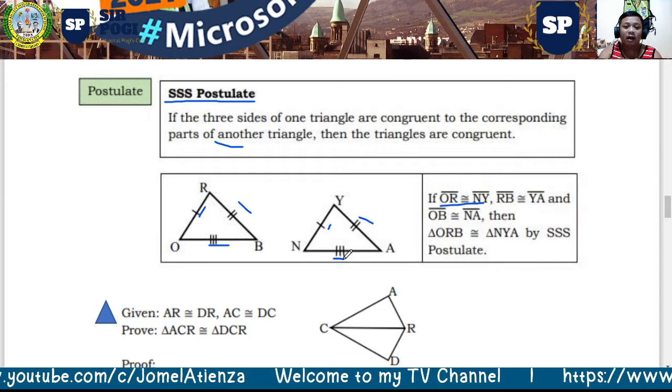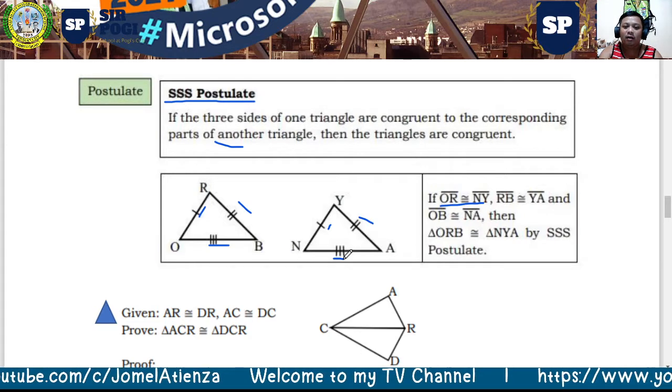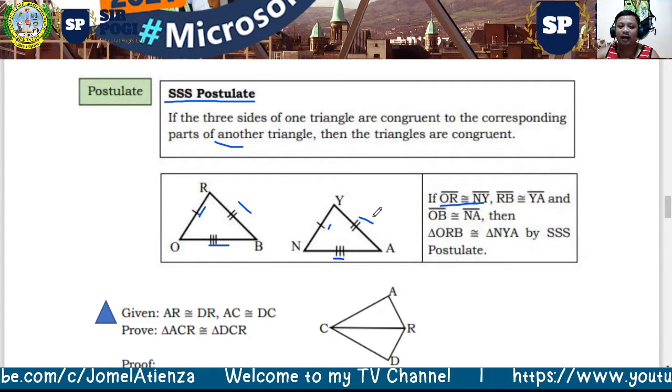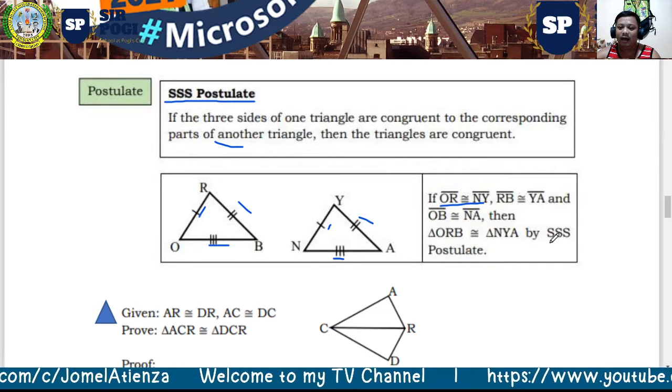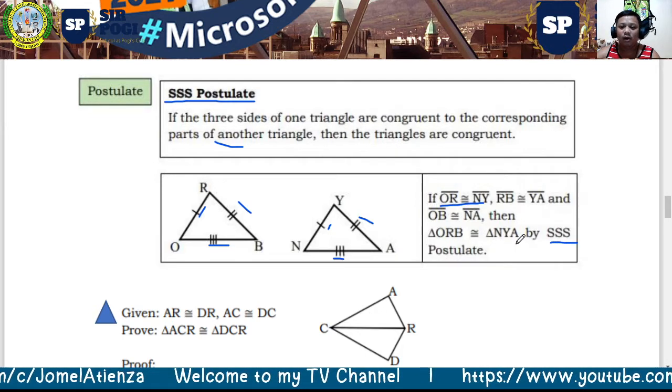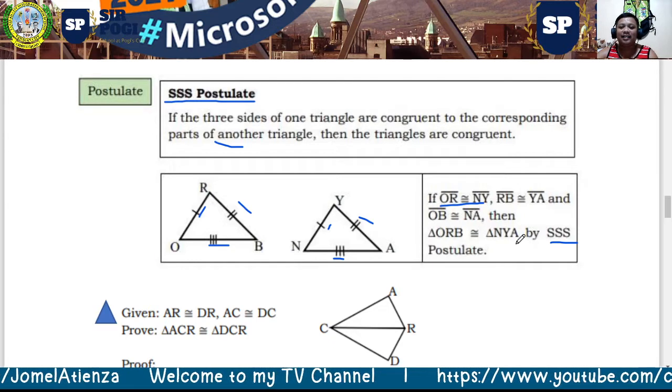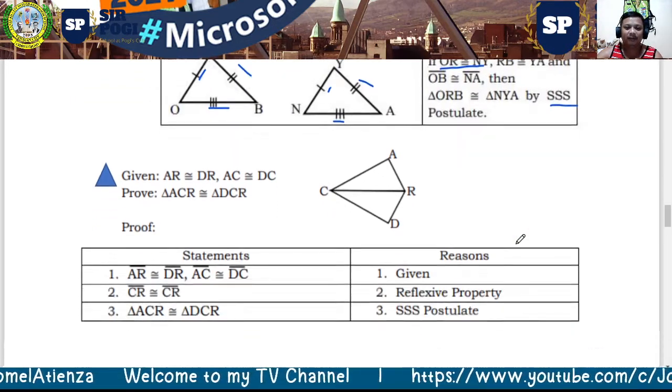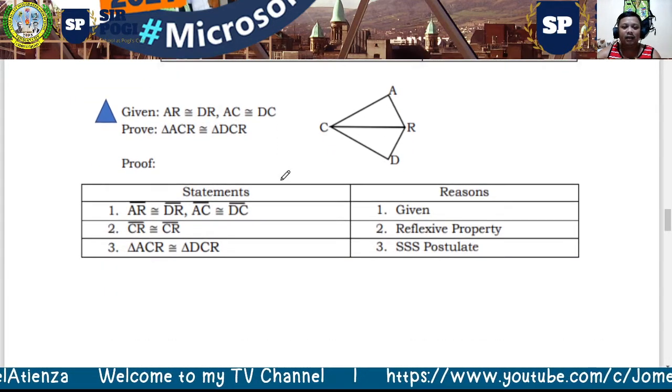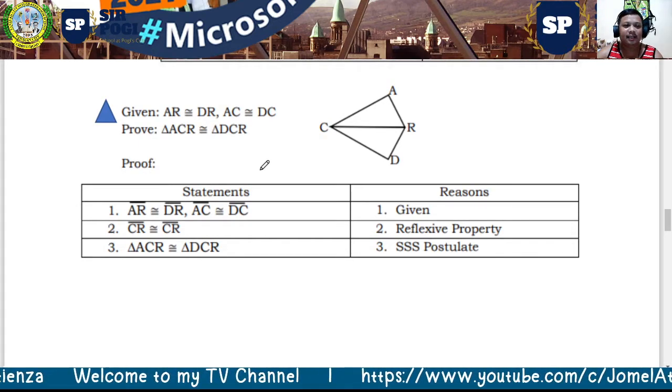Therefore, triangle ORB is congruent to triangle NYA, by the virtue of the side postulate.